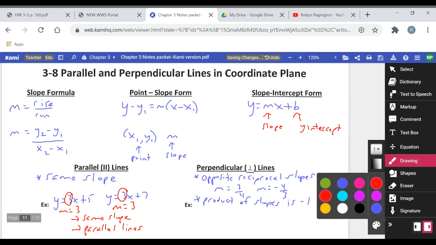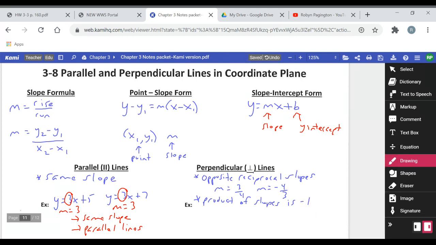And if we think of an example of that, if we use the same examples we just talked about, product means the answer you get when you multiply. So if I multiply 3/4 times negative 4/3, I end up with negative 12 over 12, which gives me negative 1. And so, again, the product of those slopes is negative 1, so therefore I know those lines must be perpendicular to each other.